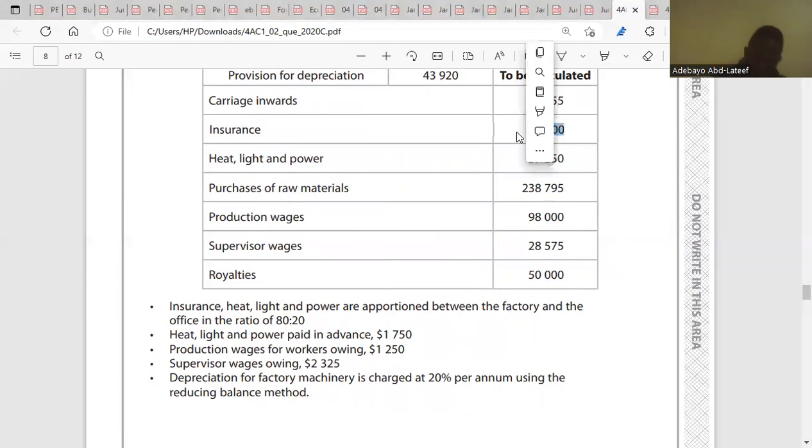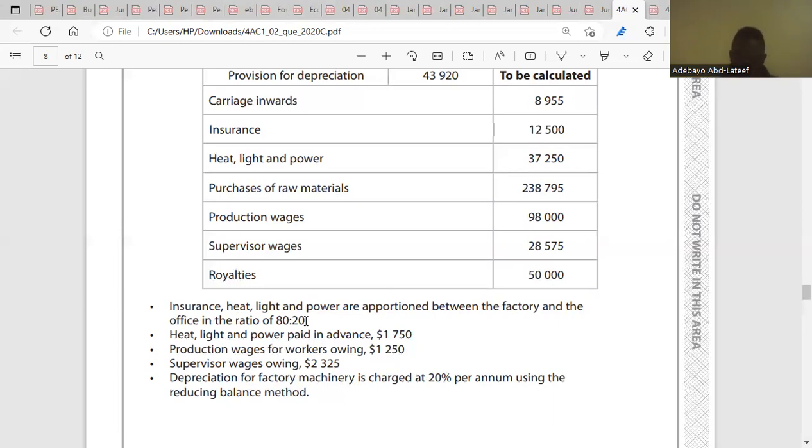Yeah, I see it. But they said insurance, heat, light, and power are apportioned between the factory and the office in the ratio of 80-20. So what does that mean? It implies that 80 plus 20 is 100, right? So 80 goes for insurance, 20 goes for heat, light, and power. So we're going to have 12,500 multiplied by 80 divided by 100.